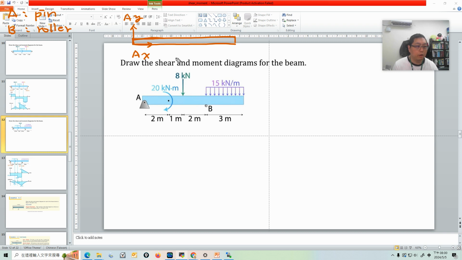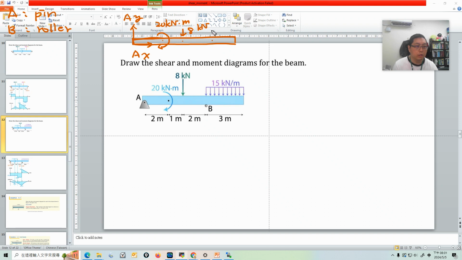Here we have the 20 kilonewton meter clockwise moment, and also here is an 8 kilonewton force pointing down.